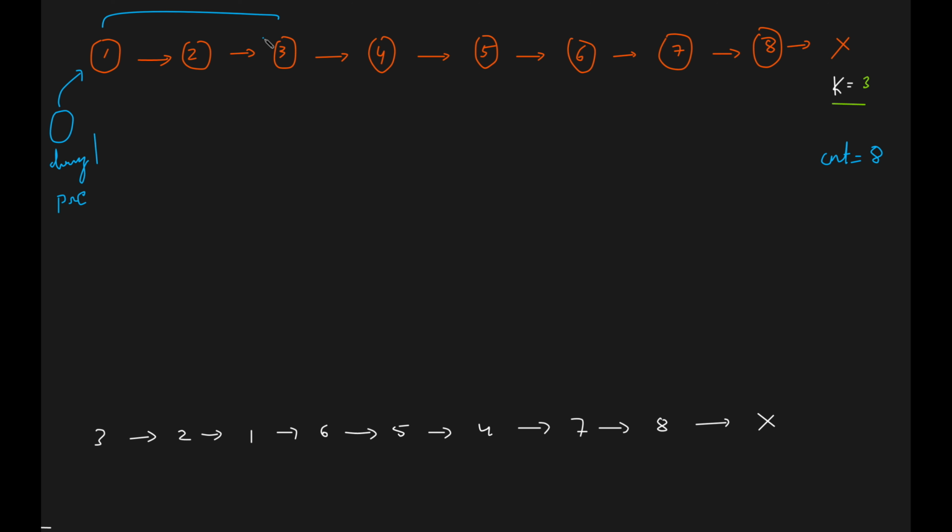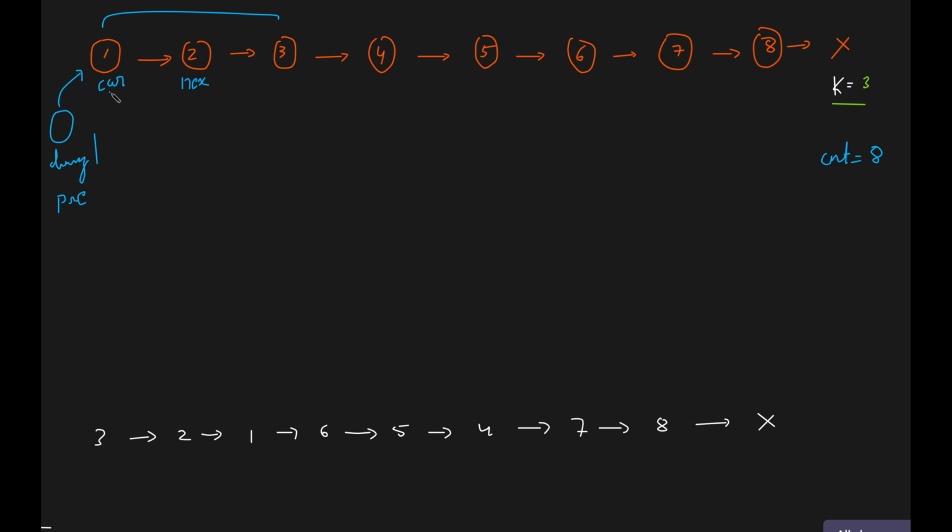At first, before starting any reversing of the link, what you need to do is make sure you take a node cur and stand it right next to the dummy's next, that is the first node of the linked list, that is the head, and you take a next, again a dummy node pointing to the next of the cur, correct?